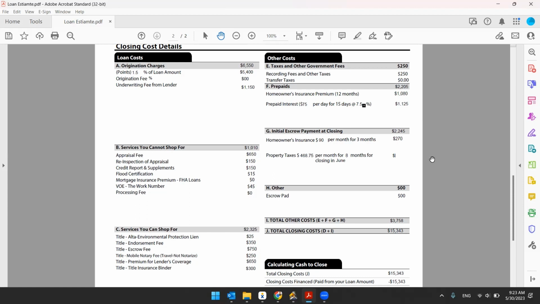So $468.75 times 8 for a closing in June. This is going to be $3,750. Now we add up these two amounts. That's $4,020.